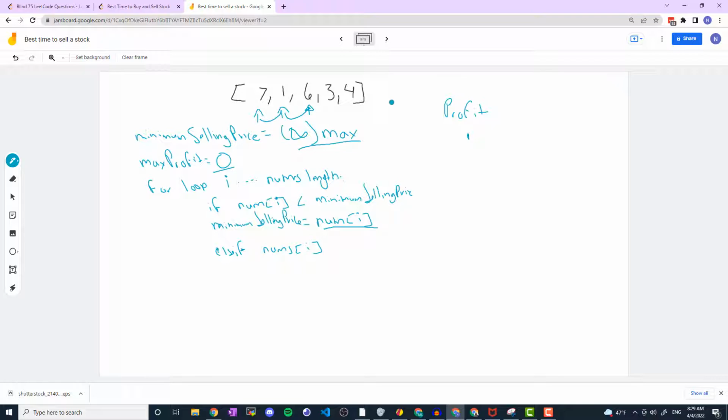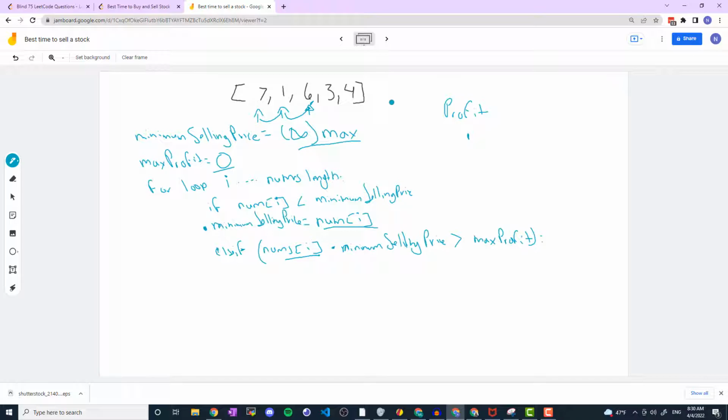Now let's say that we are trying to sell at this value. So that will be nums of I minus minimum selling price. If the present day allows me to have a positive return by subtracting 6 minus the minimum selling price of 1, remember here we are keeping track of the lower number we're able to buy.